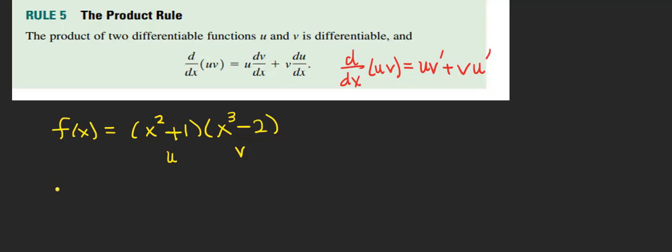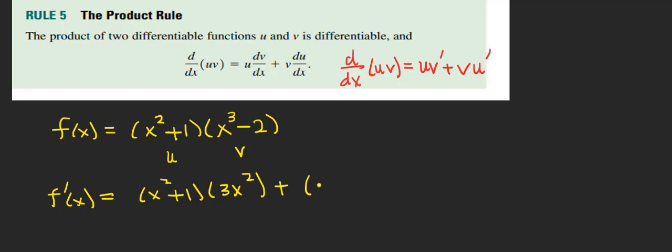So if you want to take the derivative, f prime of x, that's going to be u, which is x squared plus 1, times the derivative of v, which is 3x squared, plus v, which is x cubed minus 2, times the derivative of u with respect to x, which is 2x.